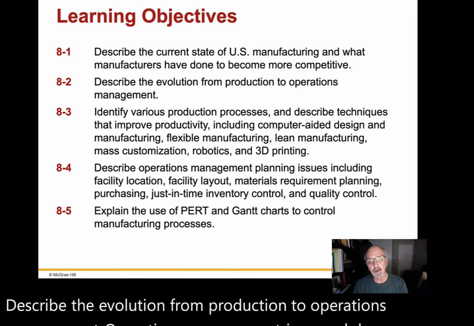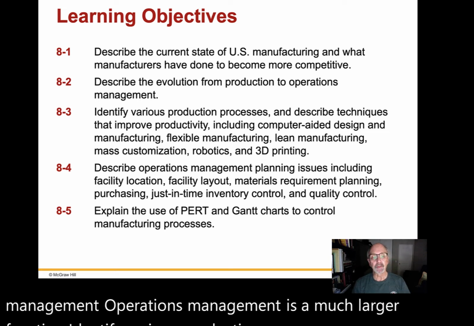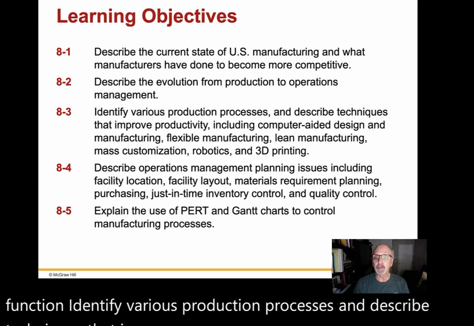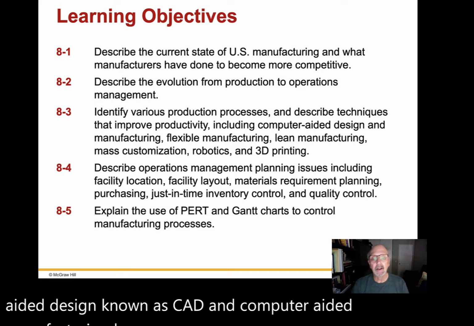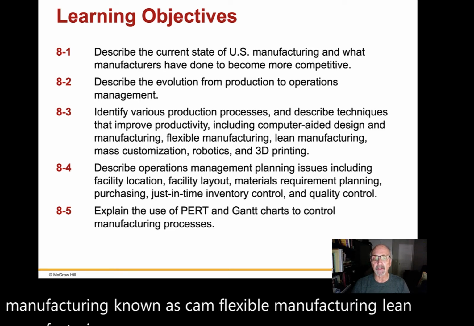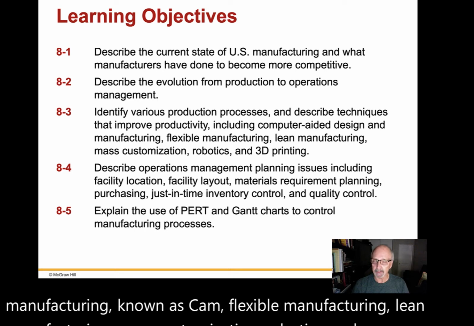Identify various production processes and describe techniques that improve productivity, including computer-aided design, known as CAD, and computer-aided manufacturing, known as CAM, flexible manufacturing, lean manufacturing, mass customization, robotics, and 3D printing.